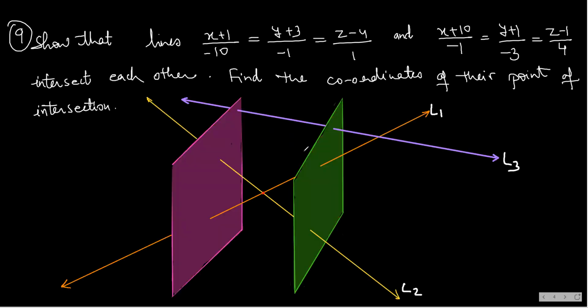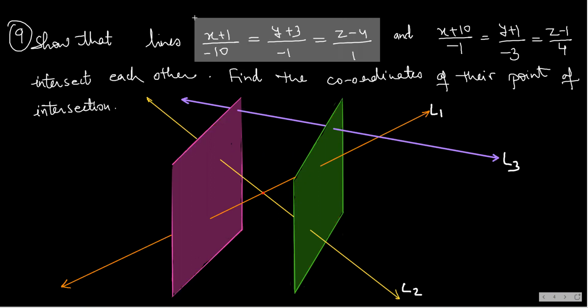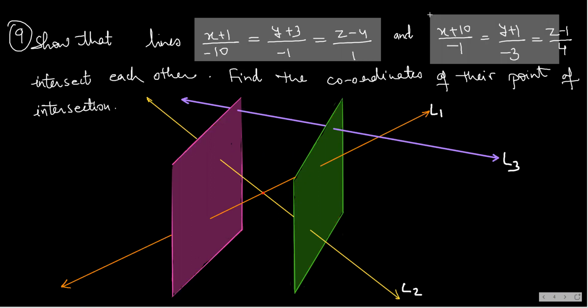So in this question, I'm given two lines, and I have to prove that these two lines are intersecting each other. So let these two lines be L1 and L2.